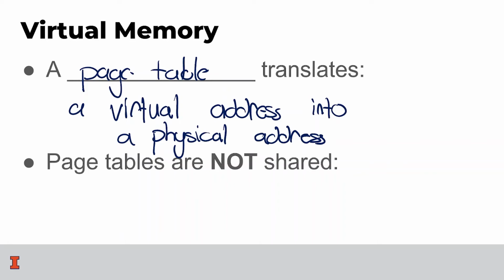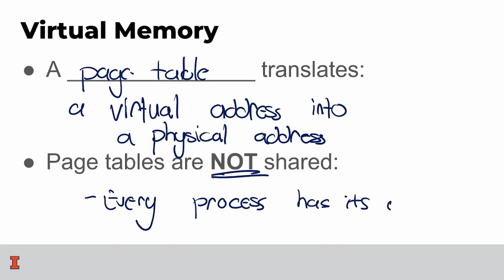And the beautiful thing about a page table is that it is not shared. Every process has its own page table. If we were all processes running inside a computer, I have my own page table, you have your own page table, you have your own page table.